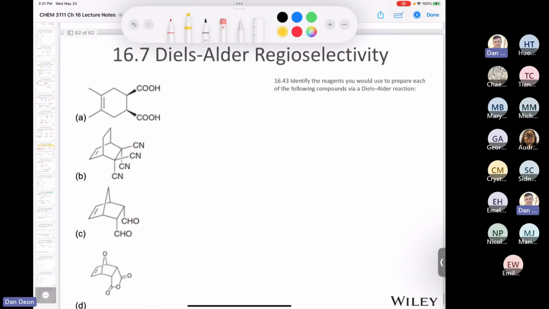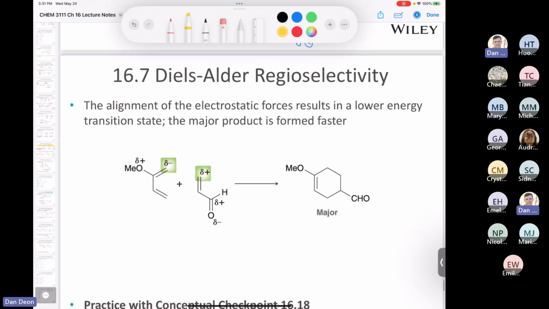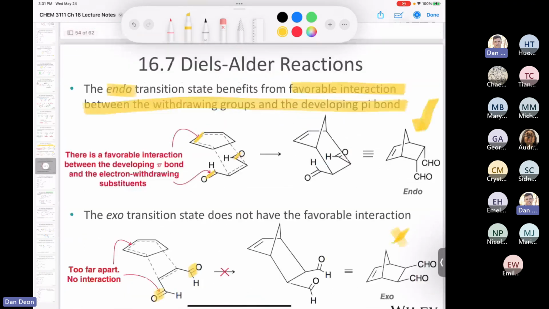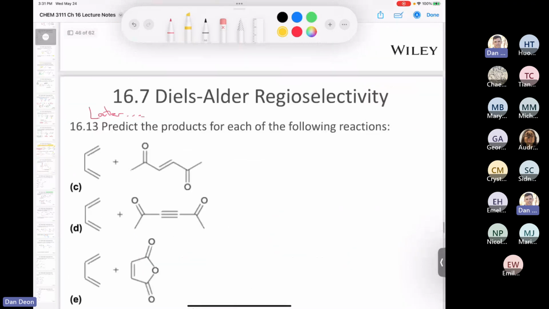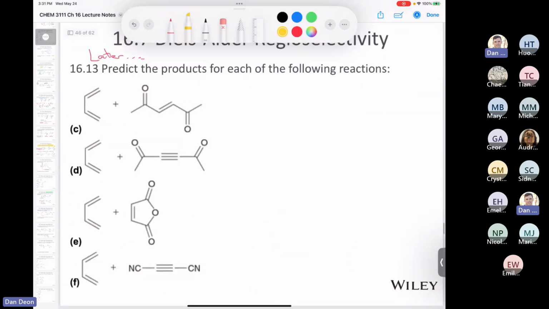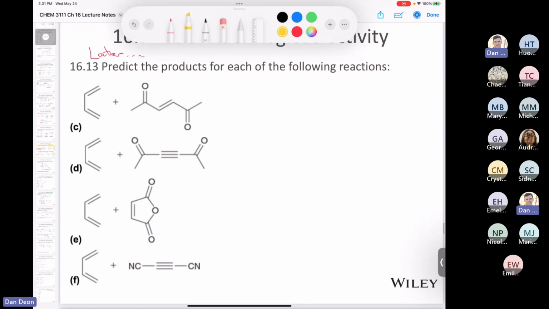I want to go over this one here where we draw a dienophile and a diene that you would use to make a Diels-Alder product. And that's the last slide. I want to go back to the slide where there was a question that we didn't answer. Where was it? This one here. I want to try and predict all of the products of these Diels-Alder reactions.